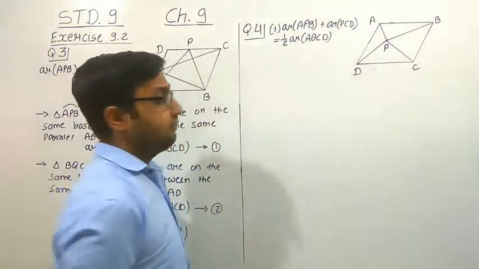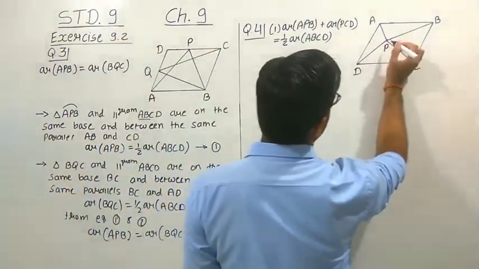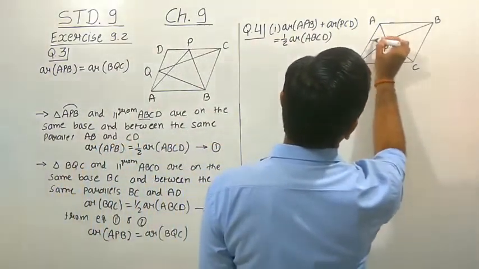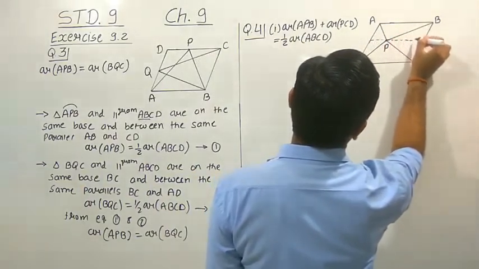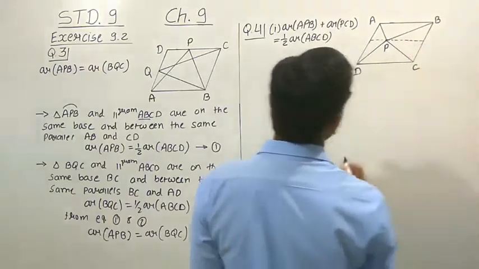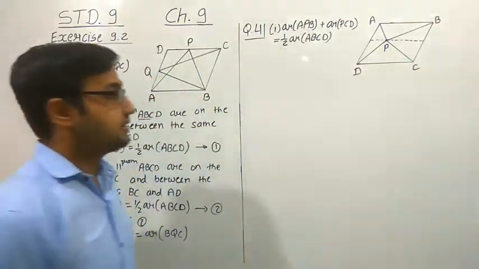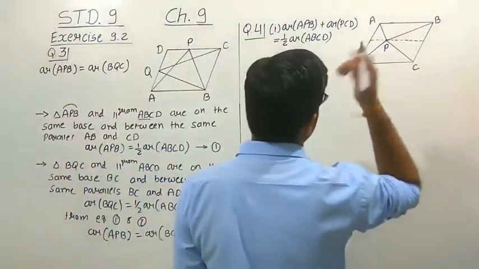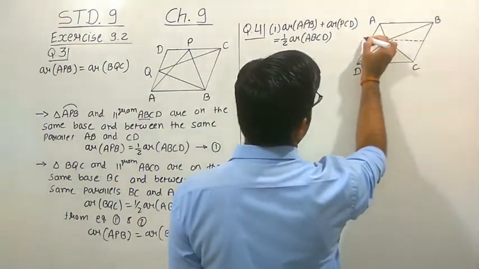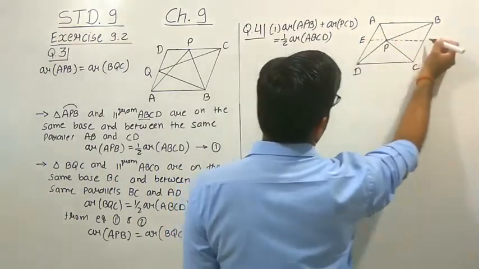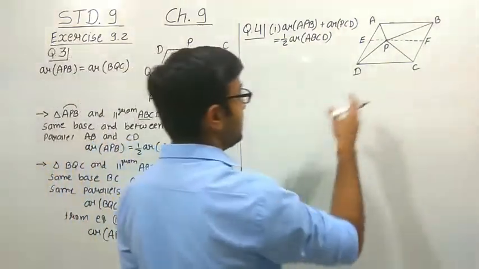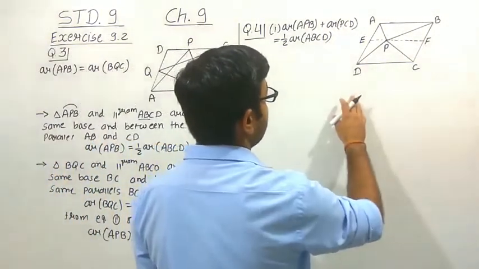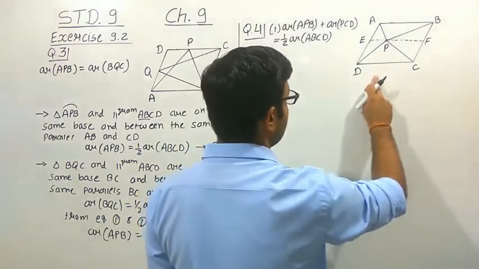So let us do one thing. Draw a line through this point P which is parallel to AB and DC. Let us give it the names E and F. So now ABCD is a parallelogram, EF is a line which is parallel to DC.